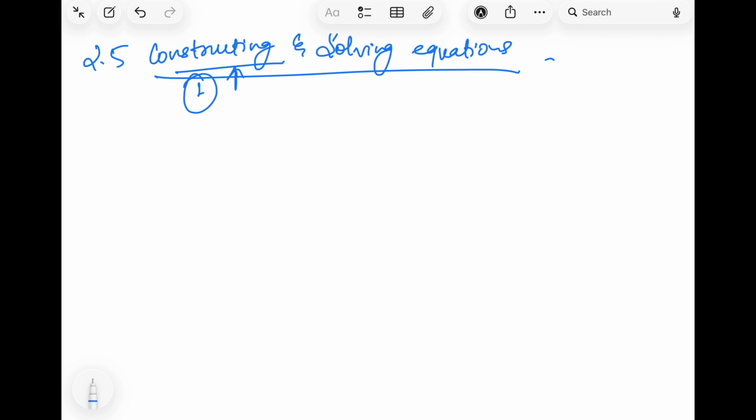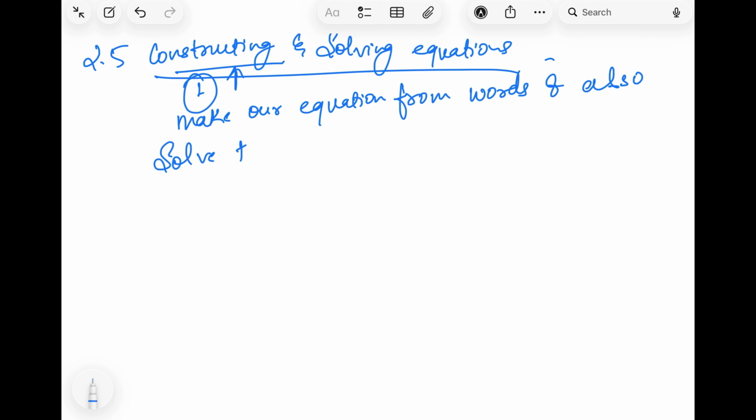Constructing equation means we need to make our own equation from the given words. But there we only made the equation and wrote it, but here we will make the equation and also solve them.